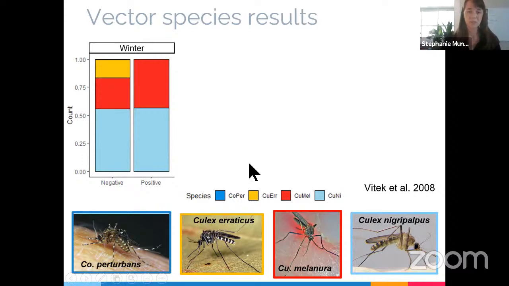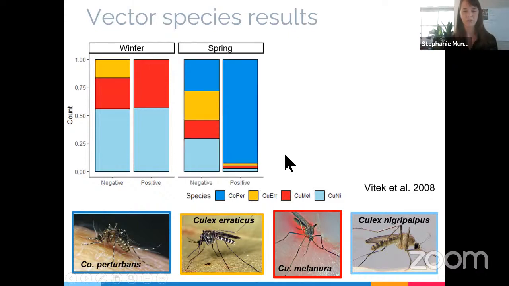Looking at the vector species composition at these sites. So first, just looking at what was around when a site was positive in the winter, almost 50% of the mosquitoes were Culiseta melanura. So this makes sense, it's the primary vector, and it's also known to be active throughout the winter. However, in the spring, you have this preponderance of Coquillettidia perturbans.